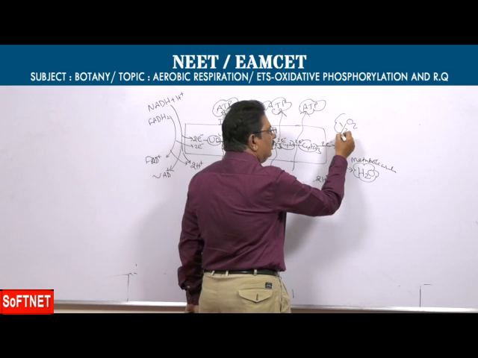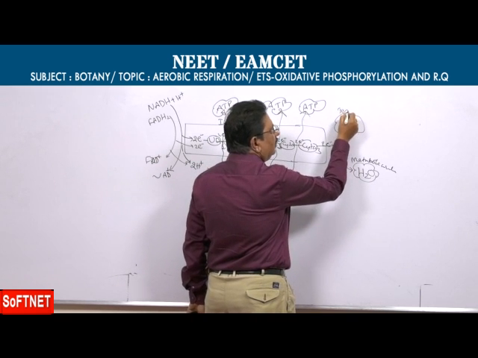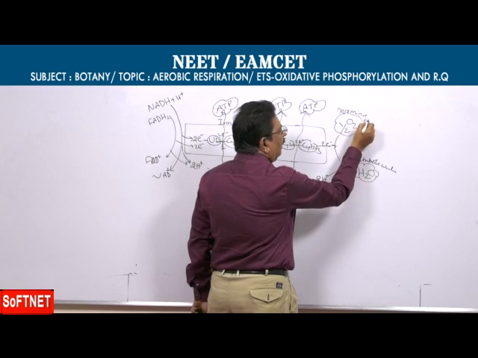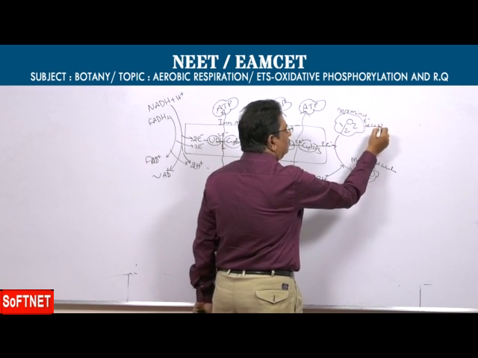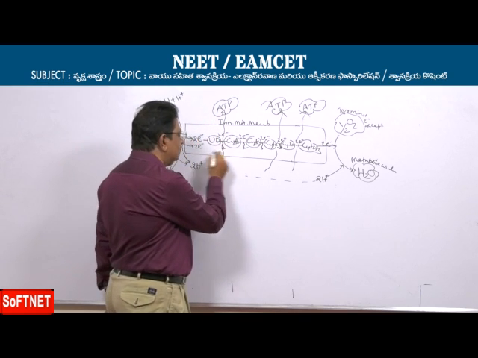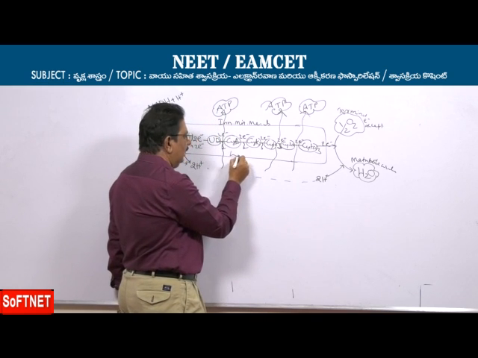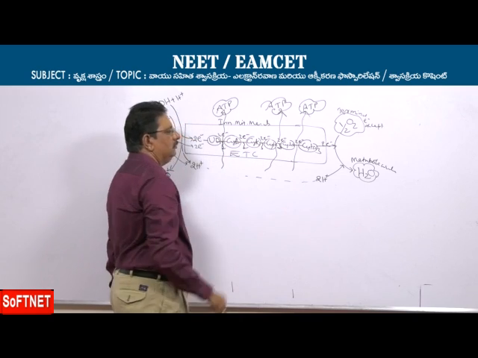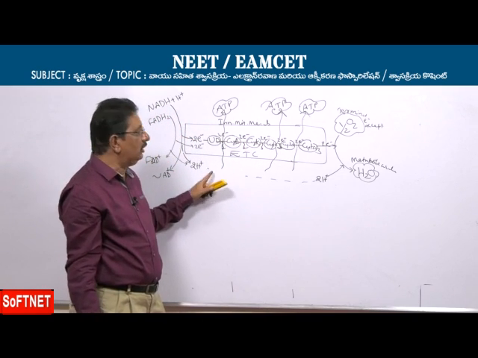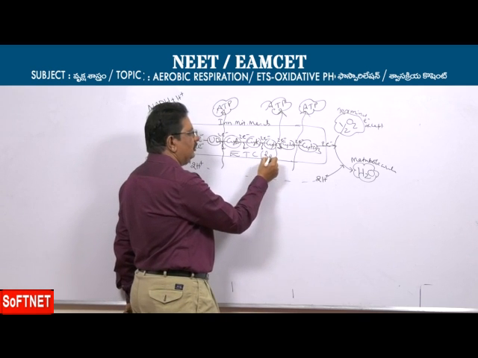So, the oxygen atom is a terminal electron acceptor, and this is a chain of electron carriers, the electron transport chain, otherwise called the respiratory chain.